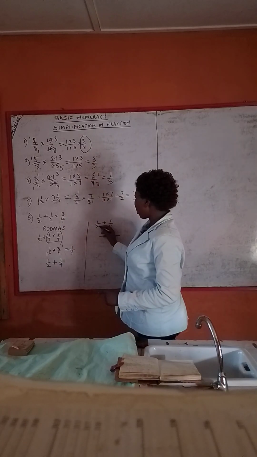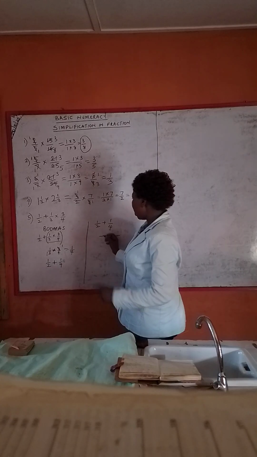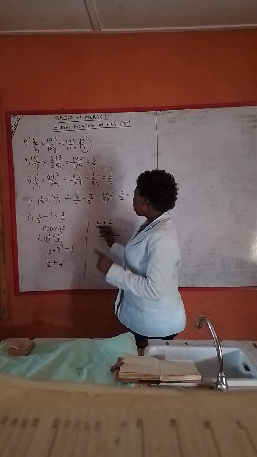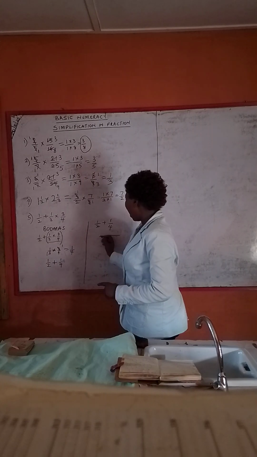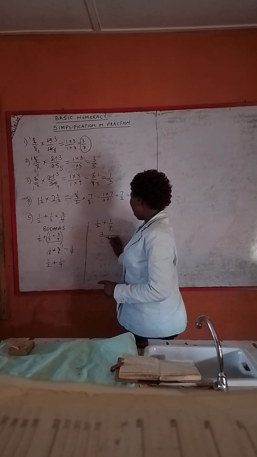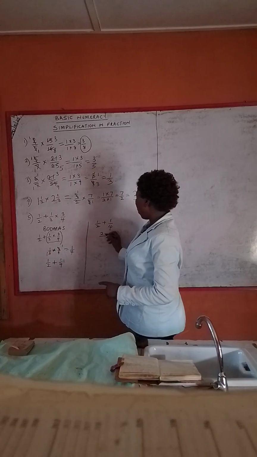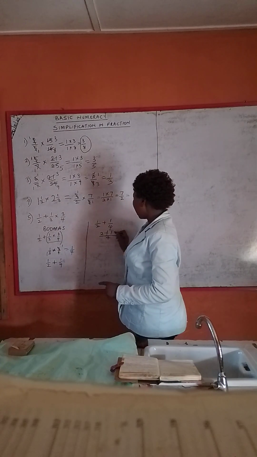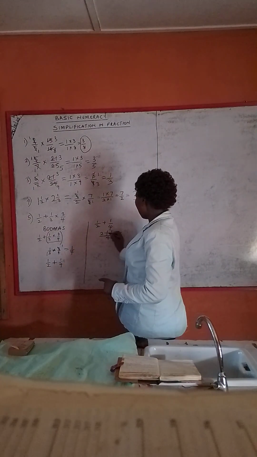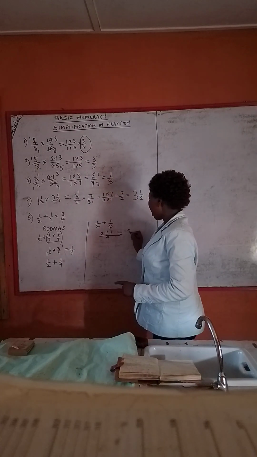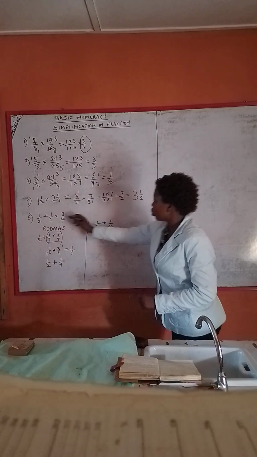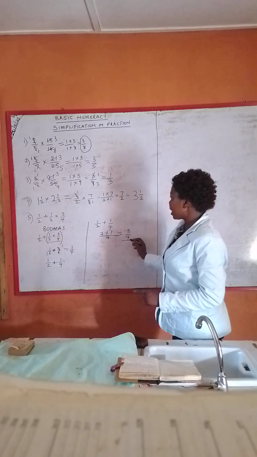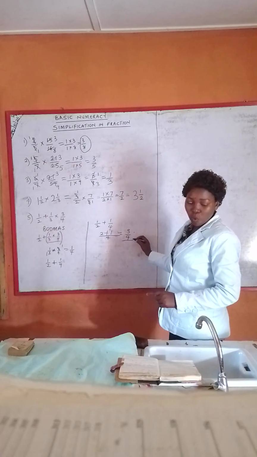How many 2s can we see in 4? We see 2. 2 multiplied by 1 will be 2. How many 4s can we see in 4? We see 1. 1 multiplied by 1 will be 1. And 2 plus 1 here will be 3 over 4. So the answer here will be 3 over 4.